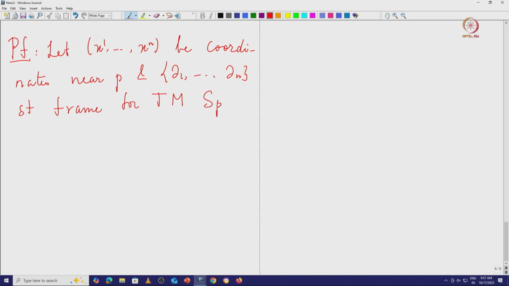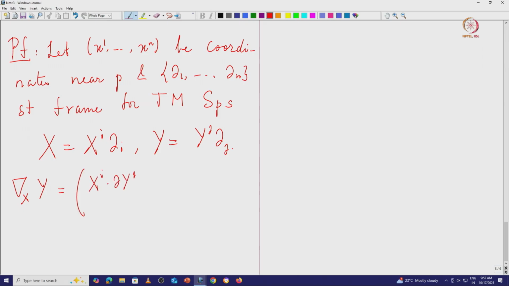Suppose my vector fields are given by x equals xi del i and y equals yj del j. Then what is our formula for this? That is precisely (xi del yk by del xi plus gamma ijk xi yj) del k. Let me call this star.